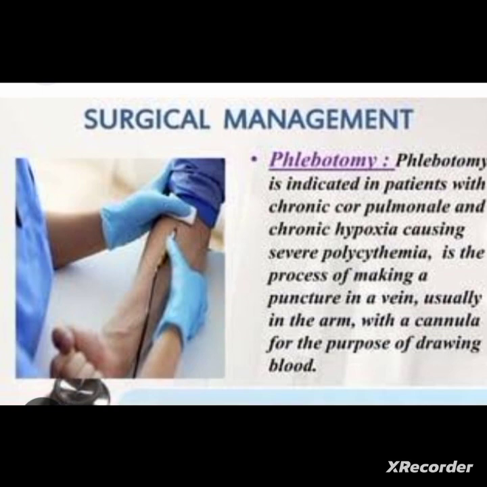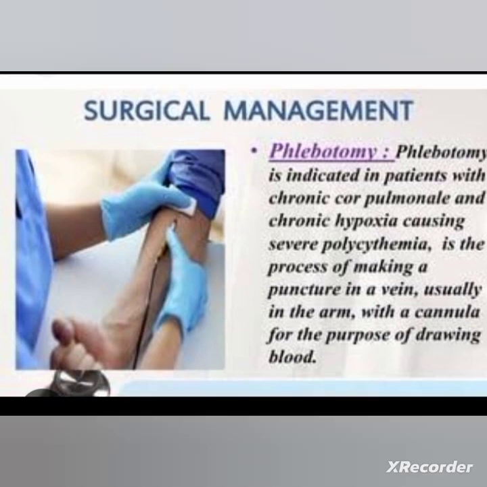It is the process of making a puncture in a vein, usually in the arm, with a cannula for the purpose of drawing blood, so viscosity of the blood can be reduced. So here we are puncturing the vein and withdrawing the blood, especially in case of chronic hypoxemia due to polycythemia.